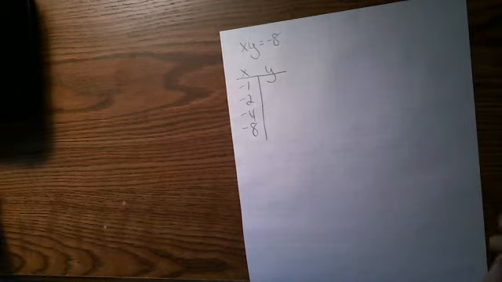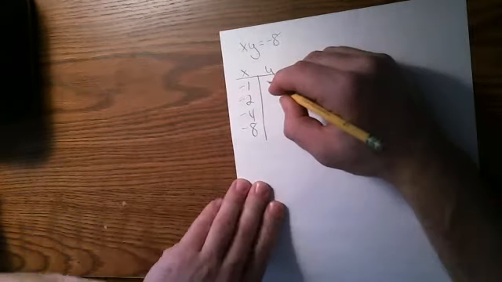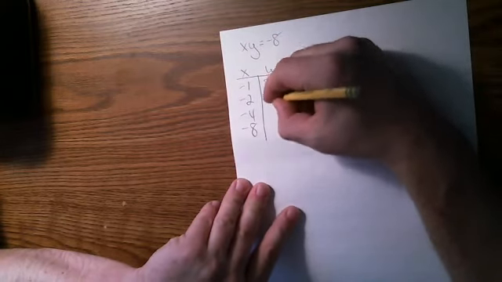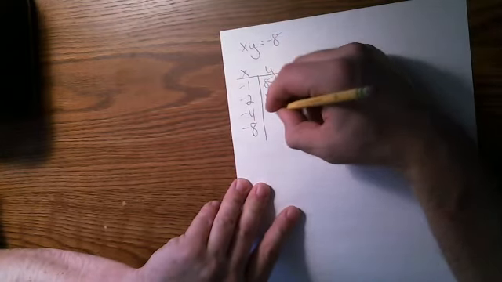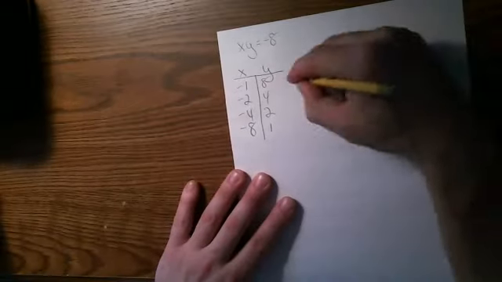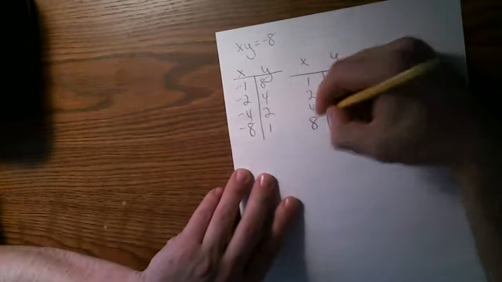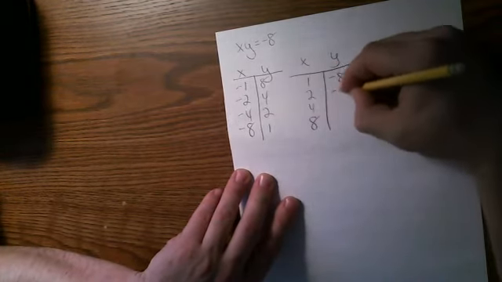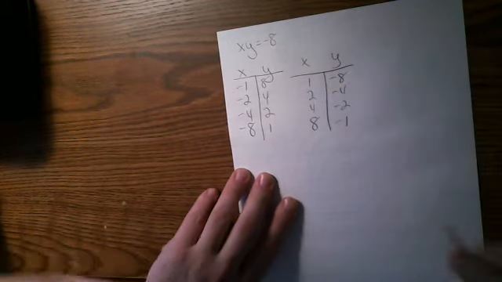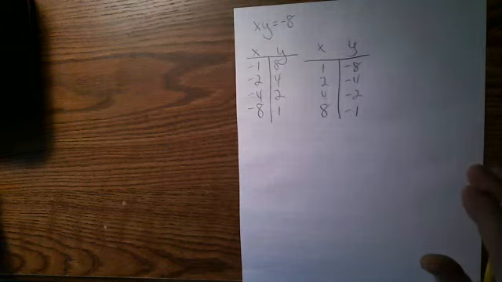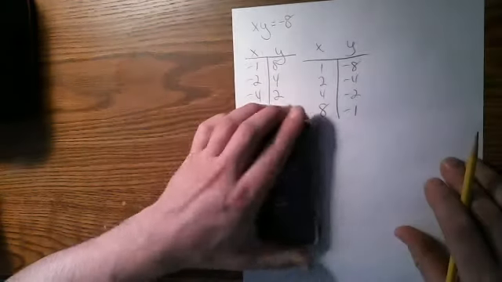Those are all the factors of 8. So let's list the corresponding factors. -1 times what is -8? 8, -2 times 4, -4 times 2, and -8 times 1. That's only half of the picture. Now let's list all of the positive x factors and the negative y factors. And now we have two tables of values that we can plot the graph of x times y equals -8.